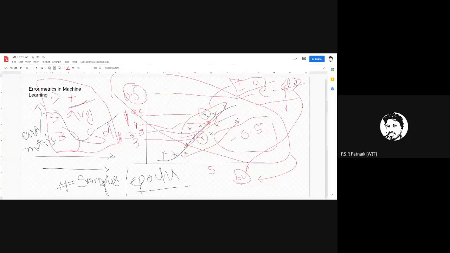Can I get responses? See, have you understood my question? Let me know if you have not understood the question, because these are fundamentals. Like we need to understand this.